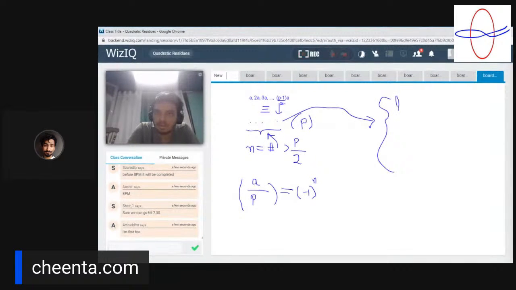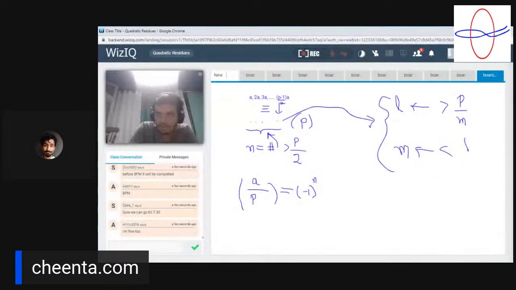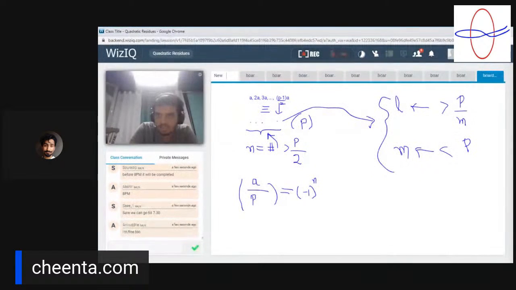Let's call them sets L and M. L are all those values which are greater than p by 2, and M contains all of those values which are less than p by 2.